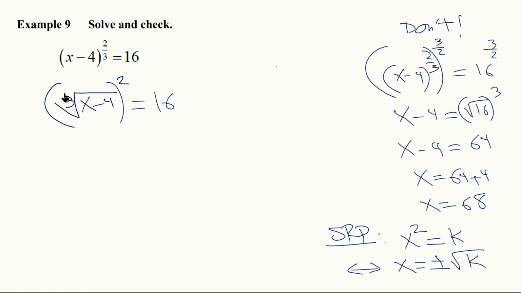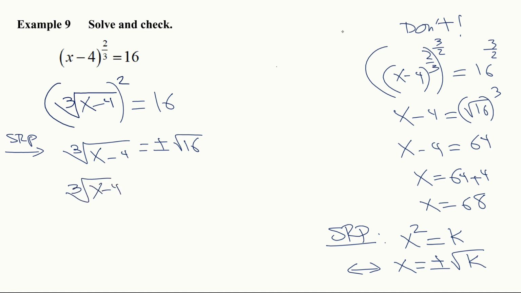That's what's playing the role of x here, all of that. So we apply the square root property, and we say the cube root of x minus 4 equals plus or minus the square root of 16. Okay, so the cube root of x minus 4 equals plus or minus 4.